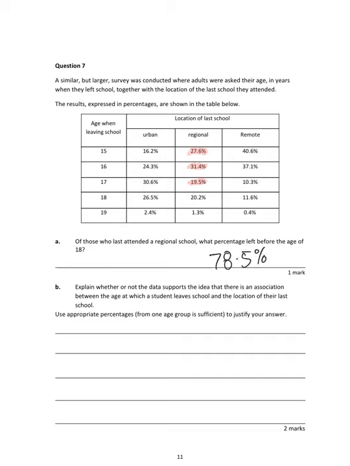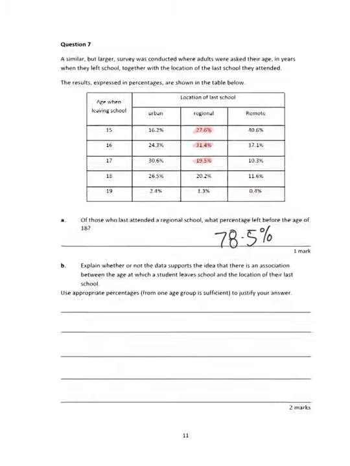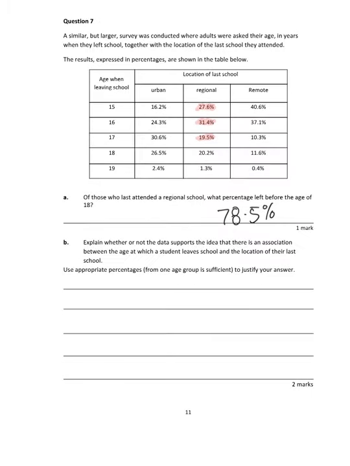Question B: explain whether or not the data supports the idea that there is an association between the age at which a student leaves school and the location of their last school. Use appropriate percentages from one age group to justify your answer. Either answer is correct if you can justify it.